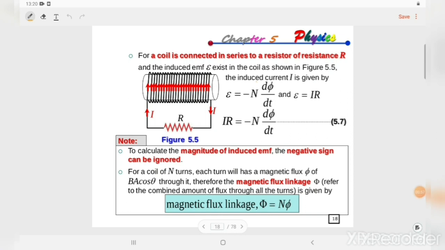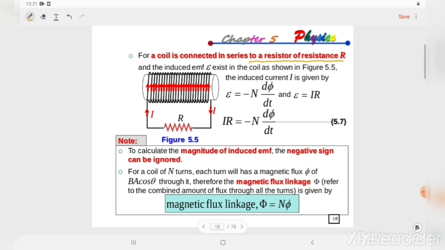For a coil which is connected in series to a resistor of resistance R, the induced EMF will be generated through the coil and will also induce a current through the coil.